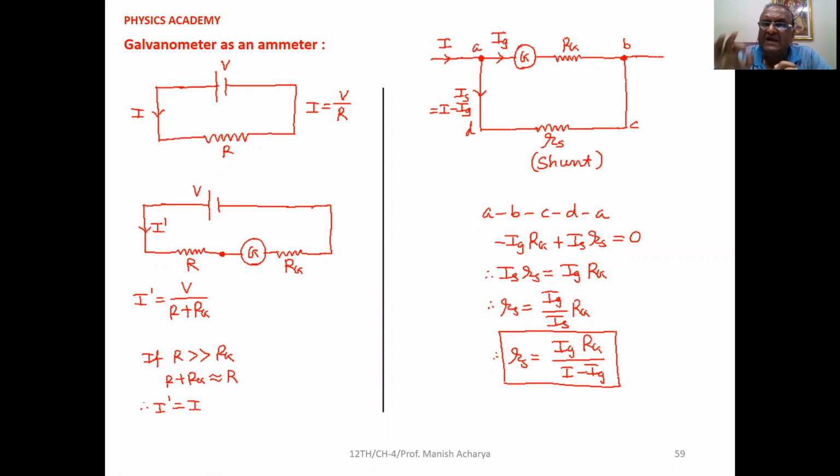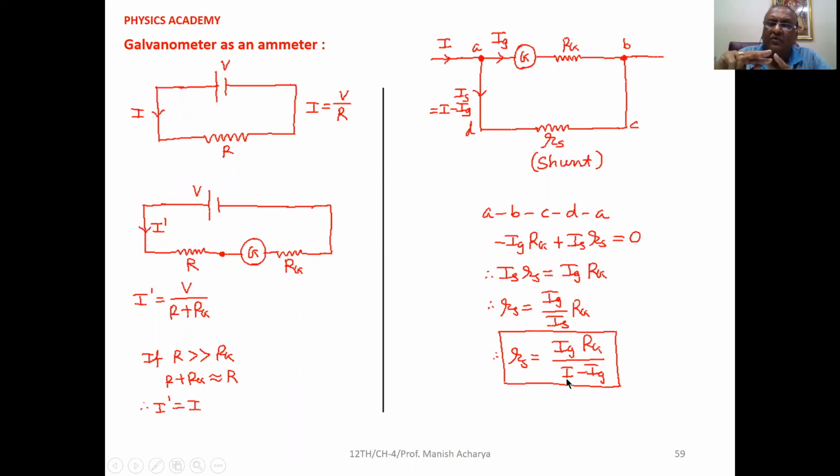Suppose a galvanometer is given to you. For that galvanometer, suppose its current capacity is 1 milliampere and its own resistance is 25 ohm. So substitute Ig as 1 milliampere, meaning 10 raised to minus 3 ampere, and Rg as 25 ohm.